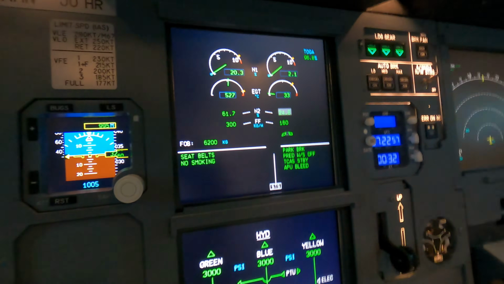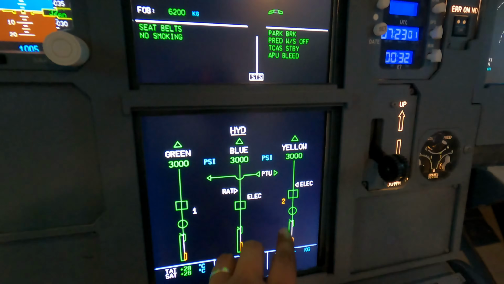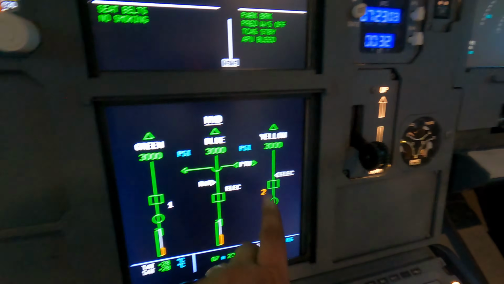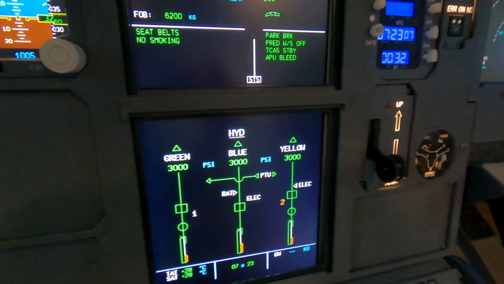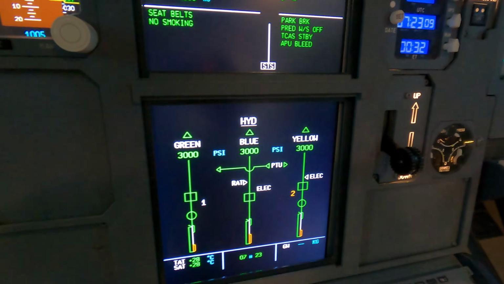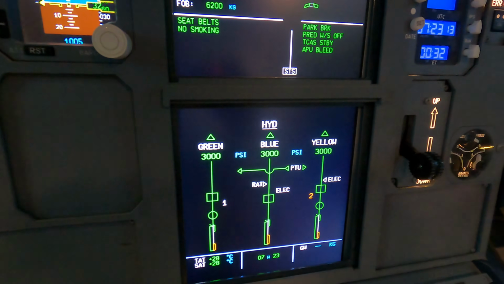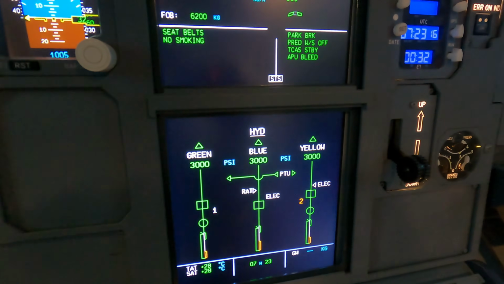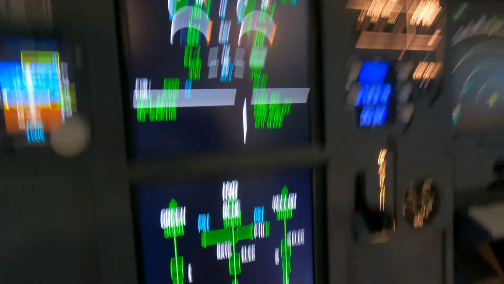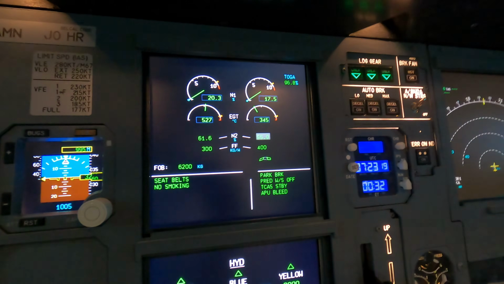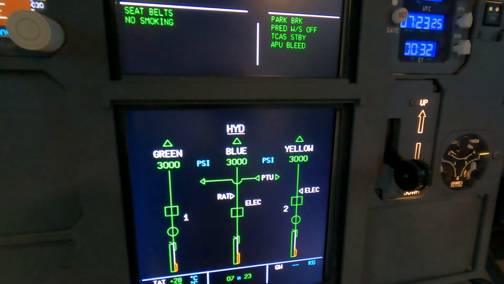Once engine number 2 is alive and available, you will see that this will become white, and that means it's active, and that the yellow hydraulic system is being fully powered by engine number 2, while the green system is powered by engine number 1. So yeah, waiting, and there we go. The engine is now available, and the yellow system is active.